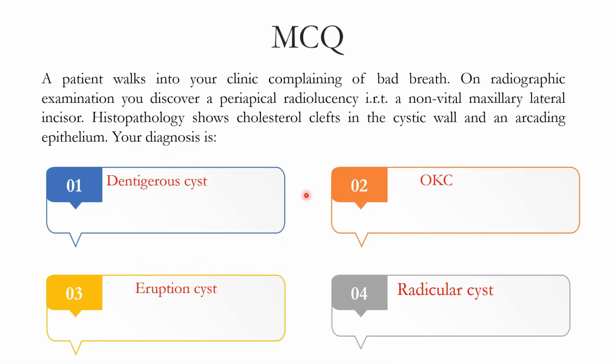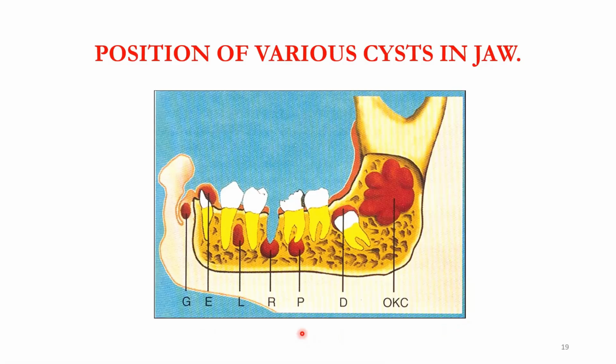In none of these cases does the tooth have to be non-vital. So when we're talking about a non-vital maxillary anterior tooth, when the word non-vital comes, you must think of radicular cyst. We've discussed the important developmental cysts and the inflammatory cyst, which we did today.